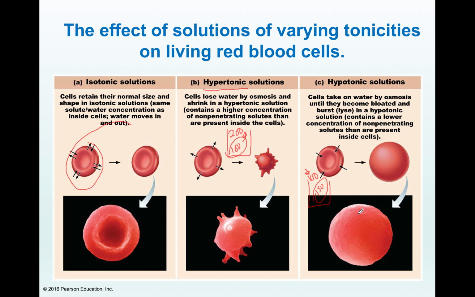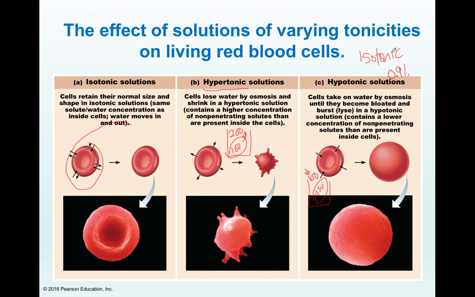Something that I need you guys to know, and this is essential, is that the environment in your body is considered to be isotonic, because you don't want your cells to undergo continuous change. Now, the environment is created by a 0.9% salt solution.